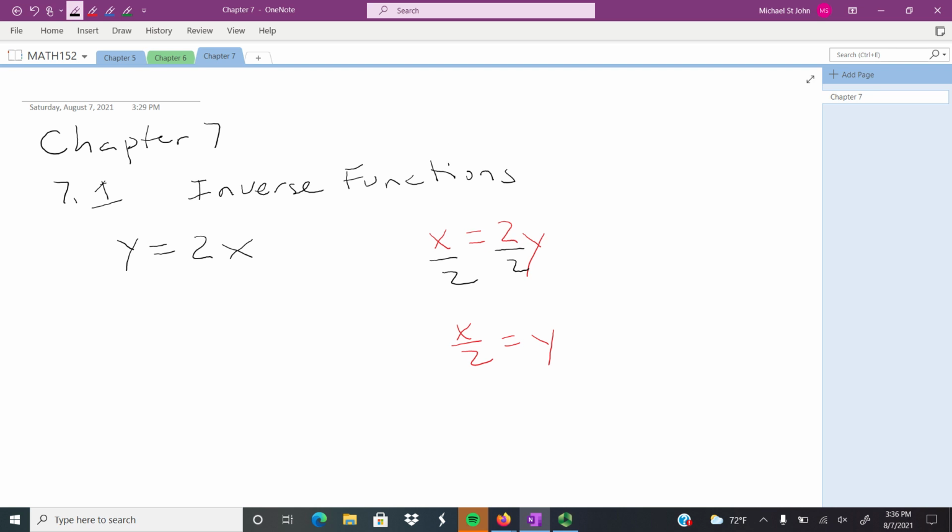In terms of function notation, we had f of x equal to 2x, and the inverse, f inverse, is x over 2. So we have our inverse.